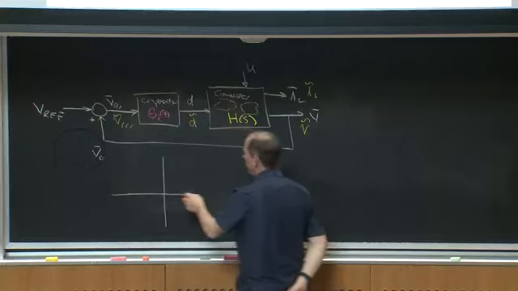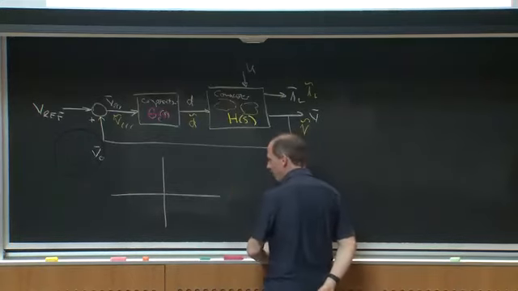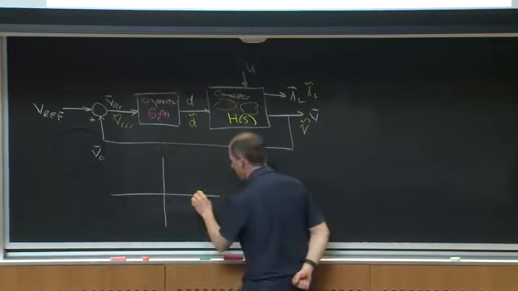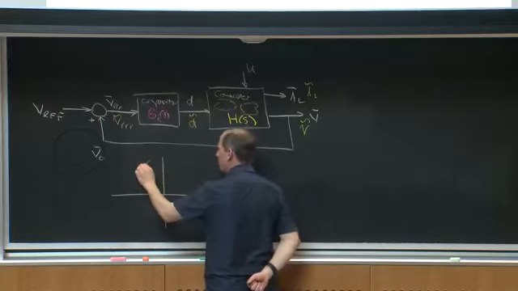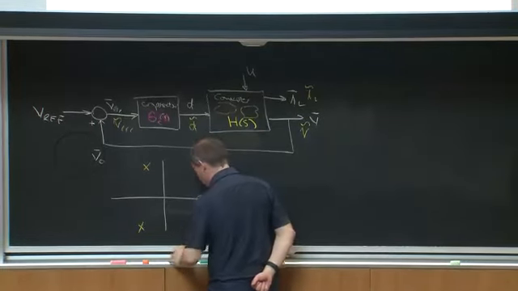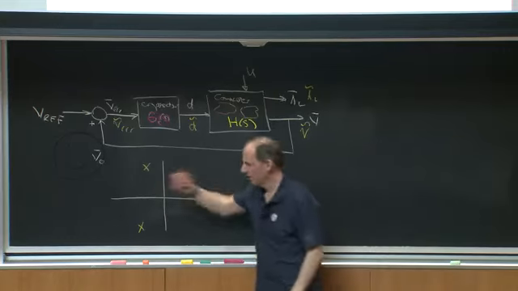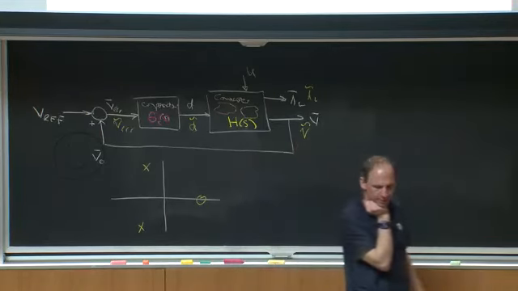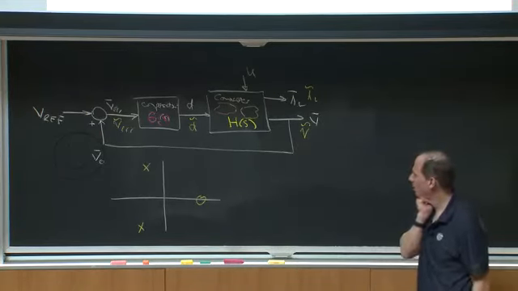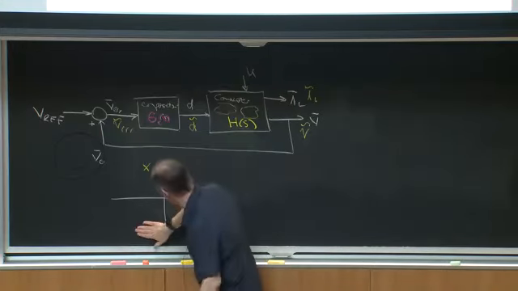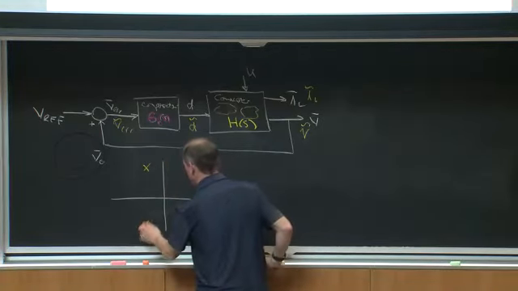Okay? So let's think about this. What do my plant poles look like here? My plant poles, I said, were 1 right half plane 0 and 2 left half plane lightly damped poles. And they're complex conjugates. Okay?